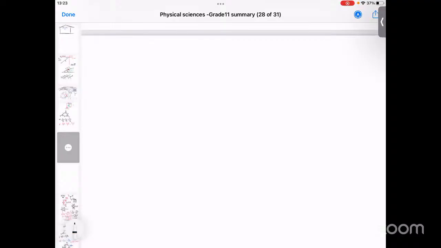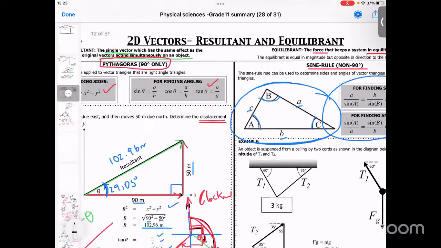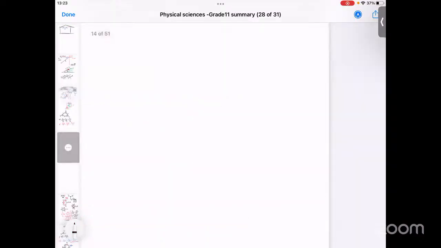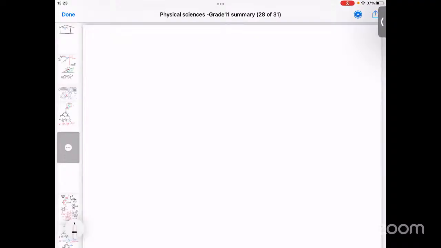But maybe let me start with reading the question itself, where they say, an object is suspended from a ceiling by two cords, as shown in the diagram below. What they want you to do is to determine the magnitude of tension 1 and tension 2. Okay, then it's fine. So this is what's happening.